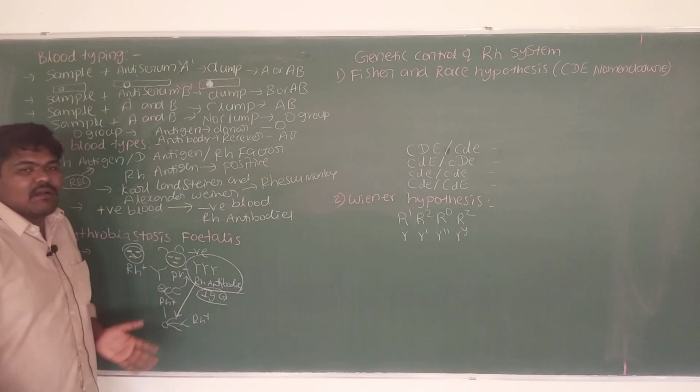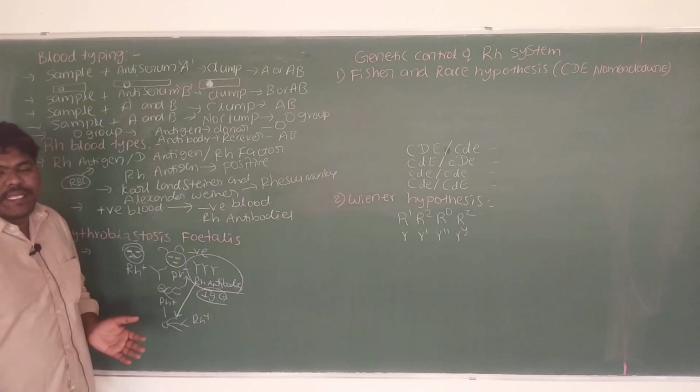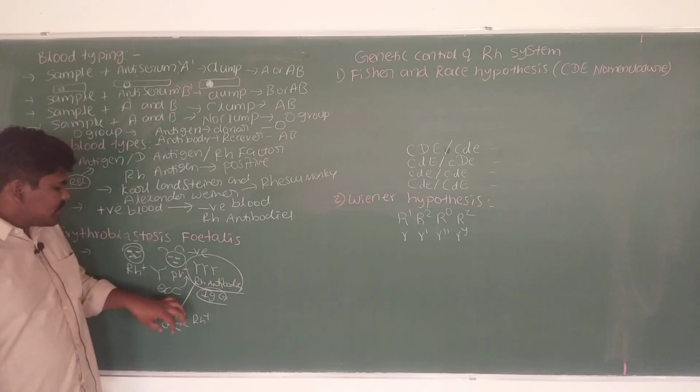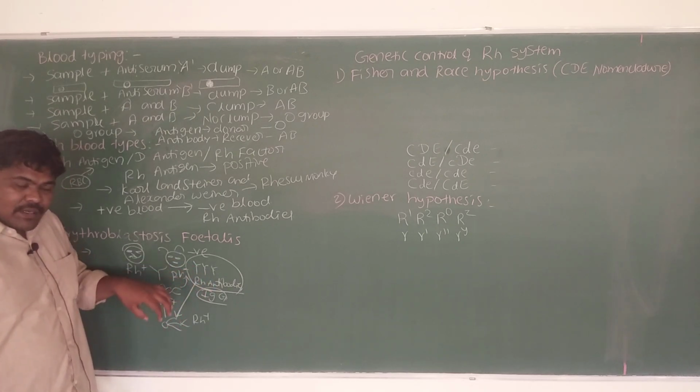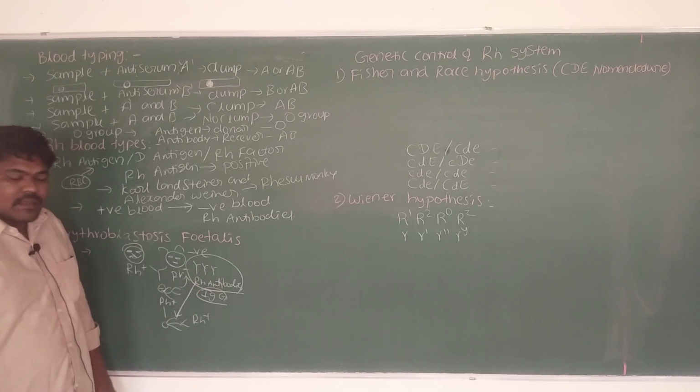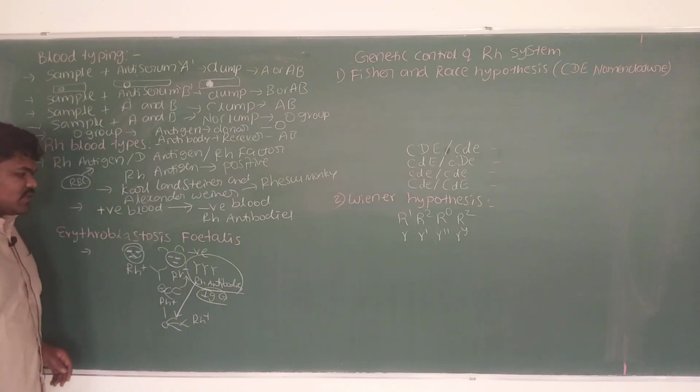Because of the destruction of blood cells, we can see jaundice and anemia in the fetus. That disease which is found because of anti-D antibodies or Rh antibodies is called erythroblastosis fetalis.